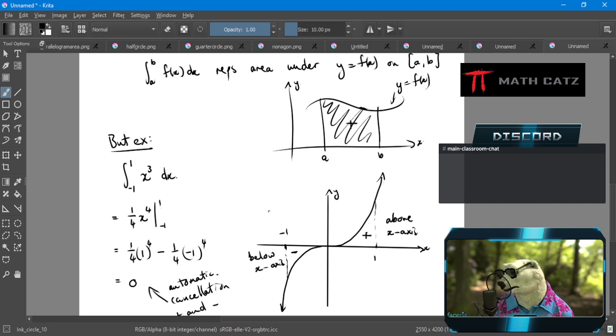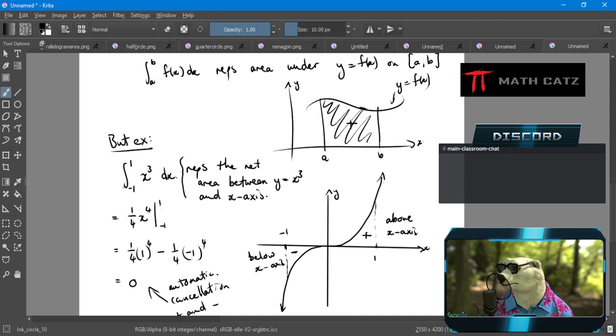But in more general situations, I have a crossing of the graph over the x-axis, creating an area above and an area below the x-axis. And the integral here really represents the net area between the graph and the x-axis. And unfortunately, that is built in.